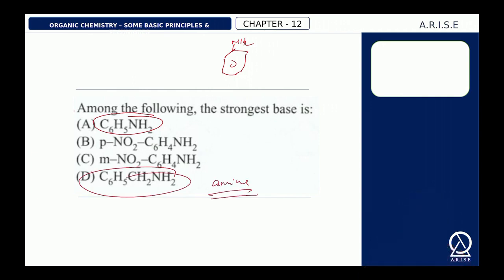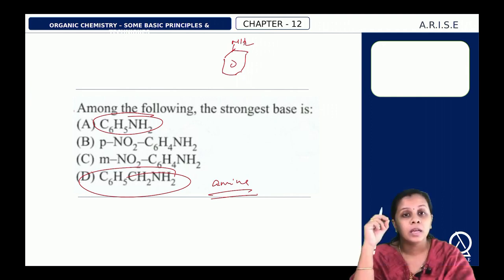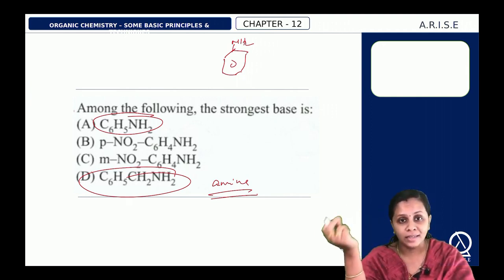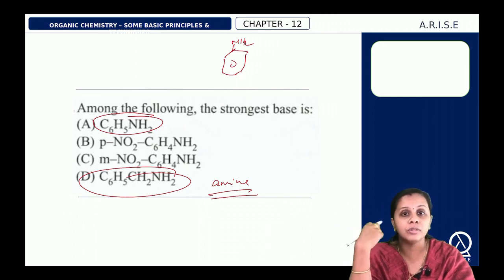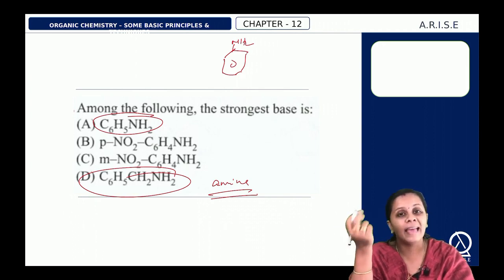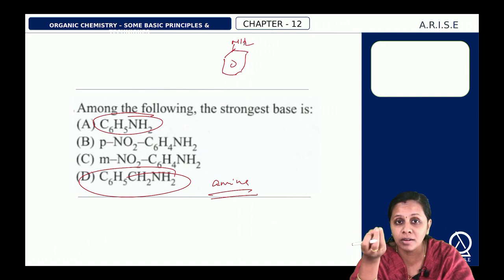So when you consider ammonia, amines and aniline, amines are more basic because of their electron donating effect, and anilines are less basic because of resonance, because the lone pair on the NH2 group is involved in resonance, thereby the lone pair is not available, therefore it cannot be donated, therefore it is less basic.